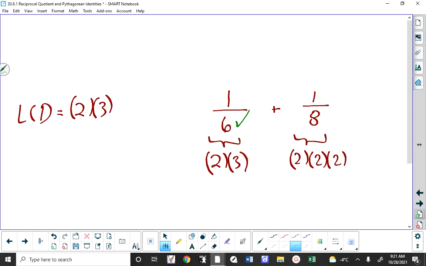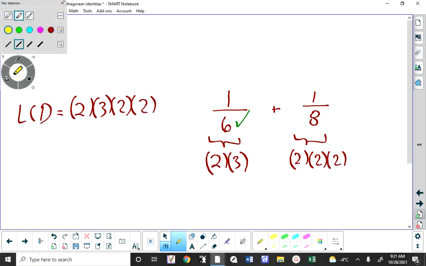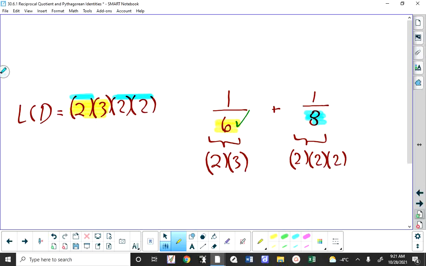But I already have a 2 here. So it's not necessary for me to put 3 more 2's. I put 2 more 2's. And the idea here then is that the 6 is included in the common denominator and the 8 is included in the common denominator. So every factor in each denominator needs to be represented.